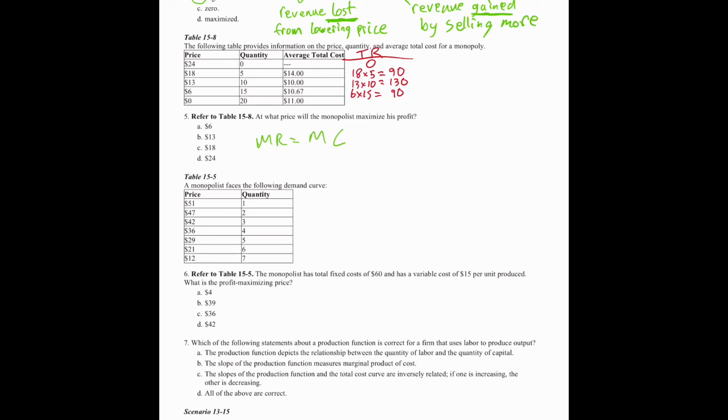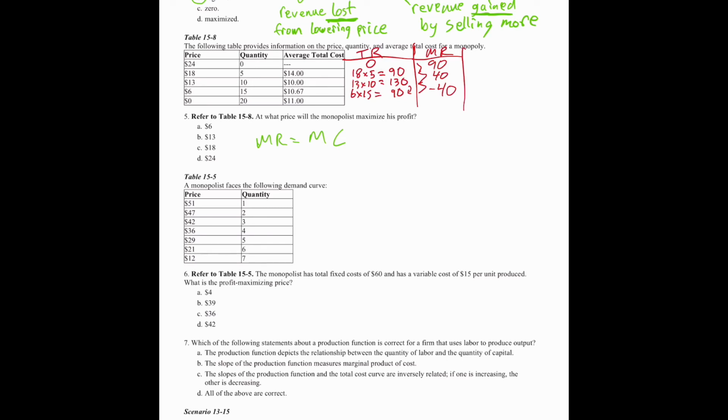So what can we see here? Our total revenue has fallen here. And a monopolist is always going to produce at a point where total revenue is not falling. So we can actually stop calculating total revenue here. And then next we can find our marginal revenues. So here our marginal revenue is equal to 90, and then it's equal to 40, then it's equal to negative 40.